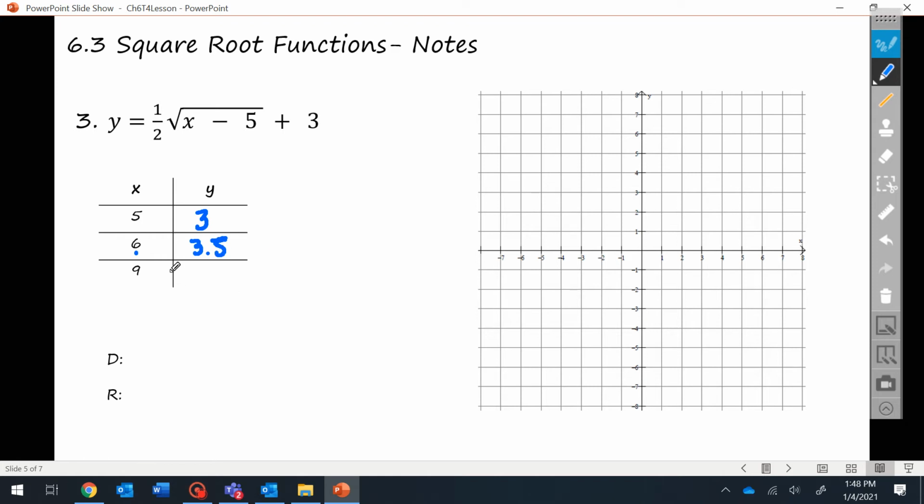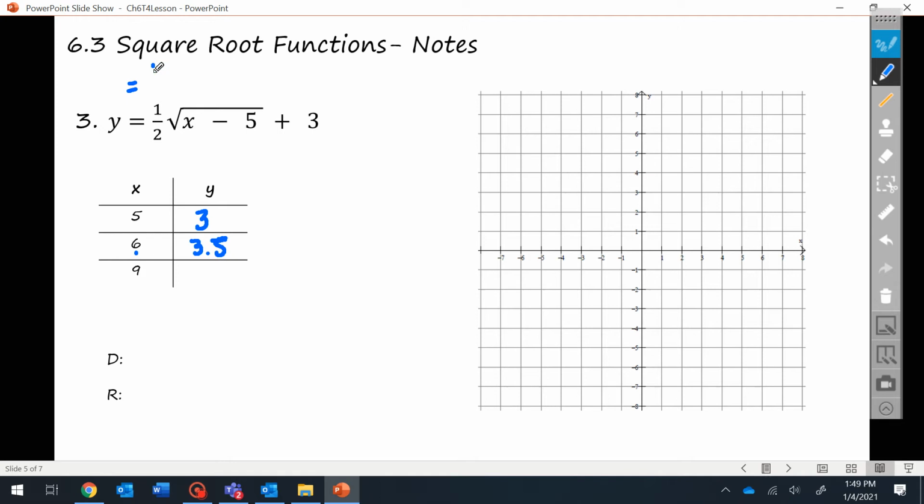And next we pick 9 because 9 minus 5 is 4, and the square root of 4 is 2. So you got 1/2 times 2 plus 3. Let me actually write this out so that everybody can see what I'm doing here.